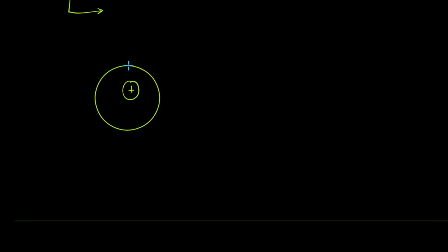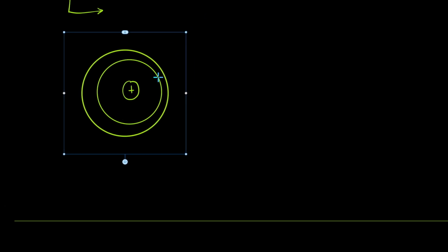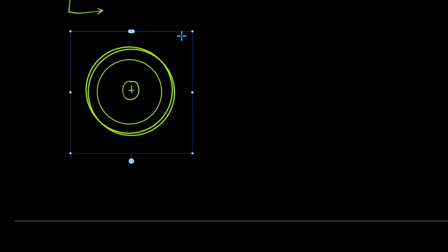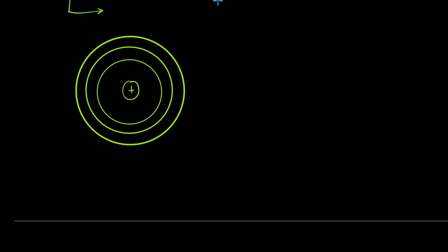Chlorine has 2 electrons in the first shell, 8 in the second one, and 7 in the third one. These are the electrons in chlorine. This is how we've been drawing it in earlier years.